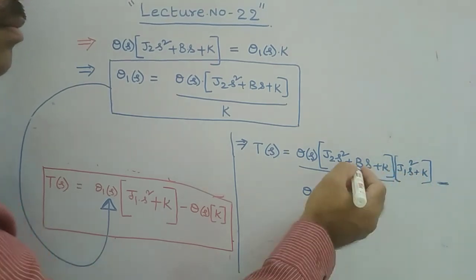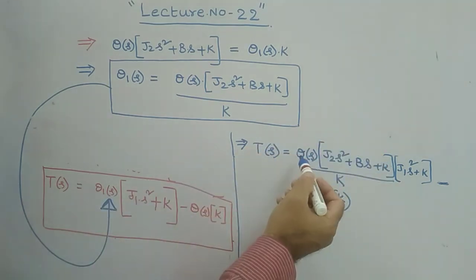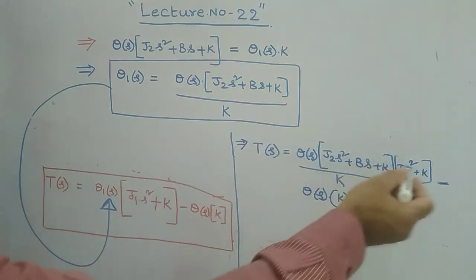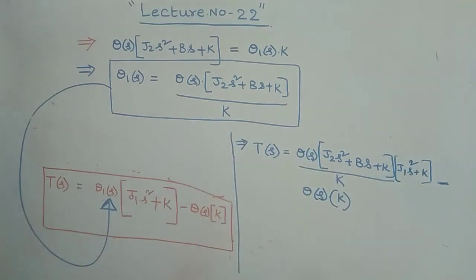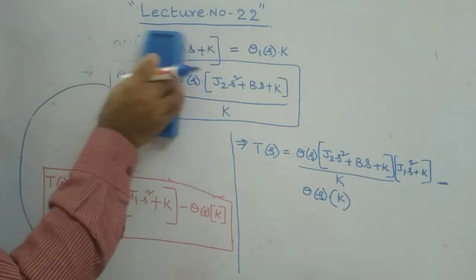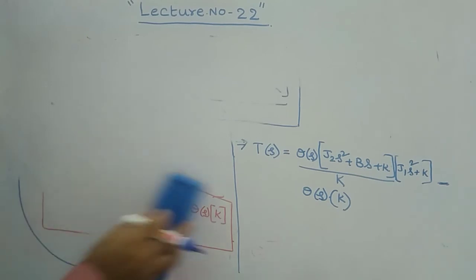This is the second term. So my problem is over. Then you consider this expression. Here theta of s is there in this quantity, and here also theta of s is there. Take theta of s as common there. Then I erase this actually. Now I am arriving to the final step.